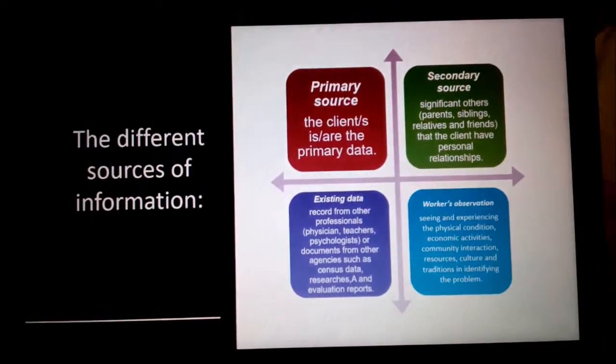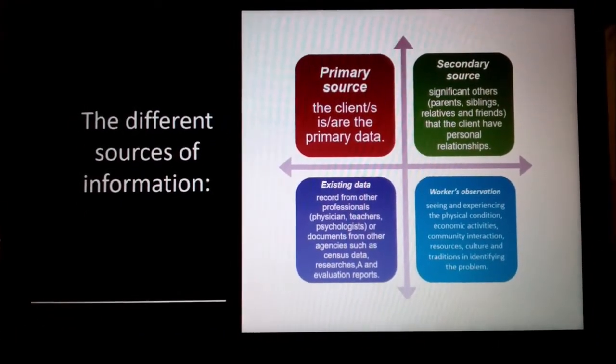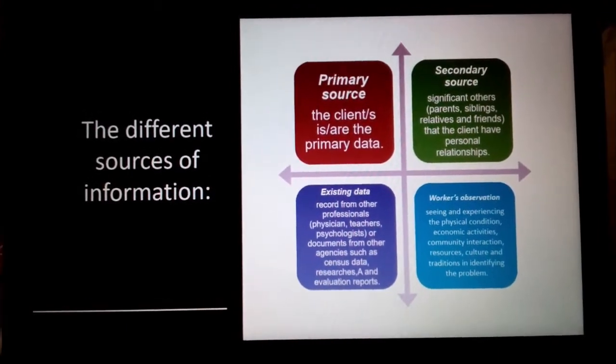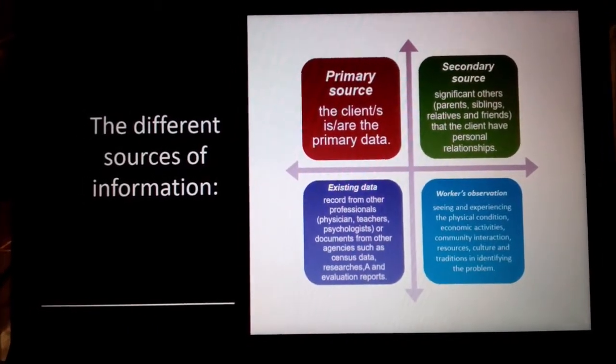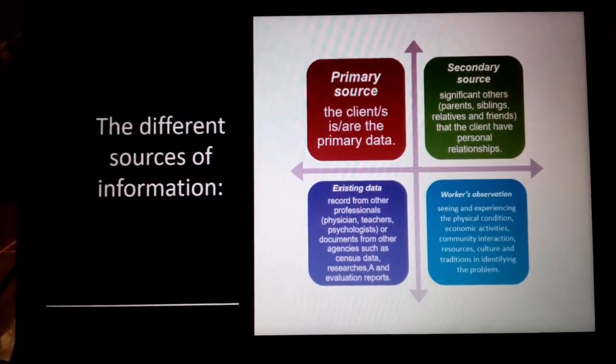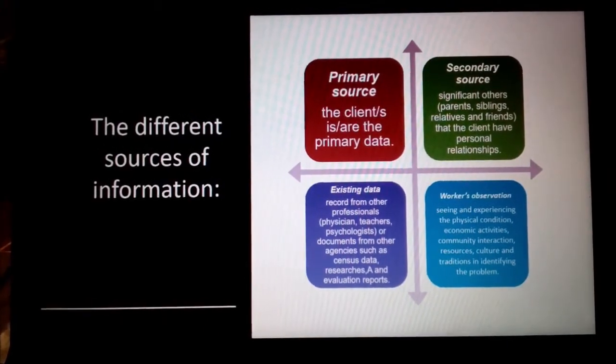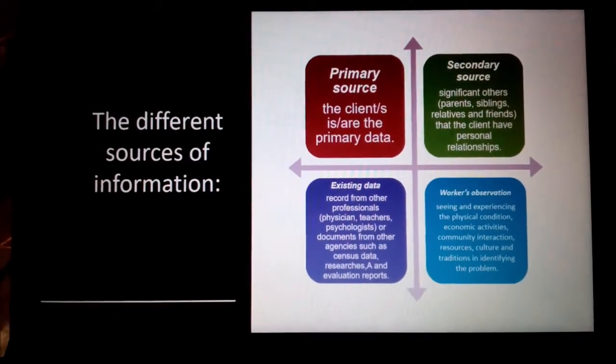The second one, we have the secondary source. The secondary source involves parents, siblings, relatives, and friends with whom the client has personal relationships. So it's a secondary source regarding the relationship of the client with other people in his or her surroundings.